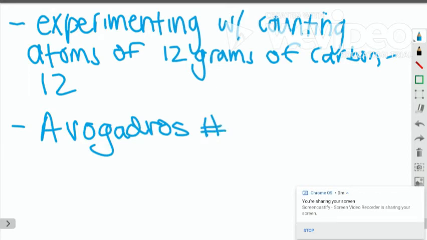So we will use this number a lot, and this number is really large, but we don't write it as its really large version. We don't say it as its really large version. We break it down. So I asked you on the previous worksheet if you knew what scientific notation was. A lot of you said that you learned it at the beginning of the year in math class.